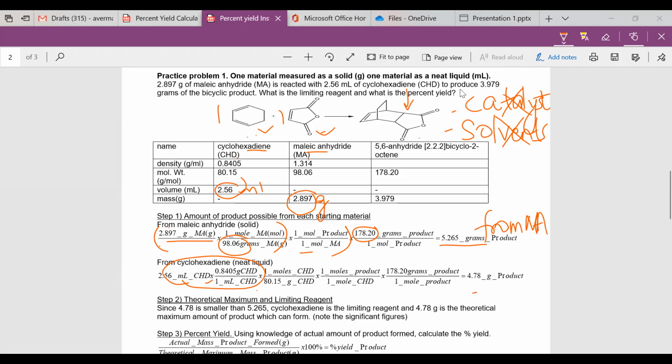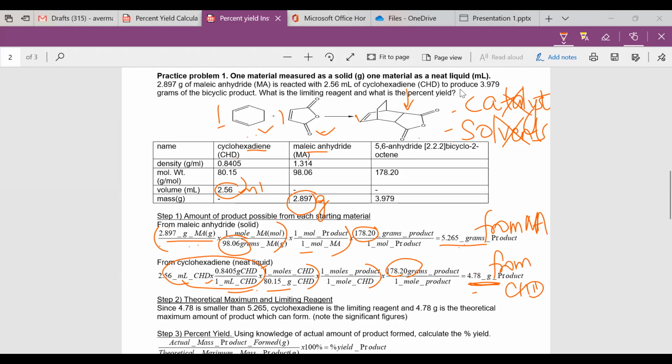And then following the above rule, you convert the grams of cyclohexadiene into moles of cyclohexadiene, use the stoichiometric coefficient to convert it into the moles of product, and then multiply it with the molecular weight of the product to get the amount of product from cyclohexadiene.